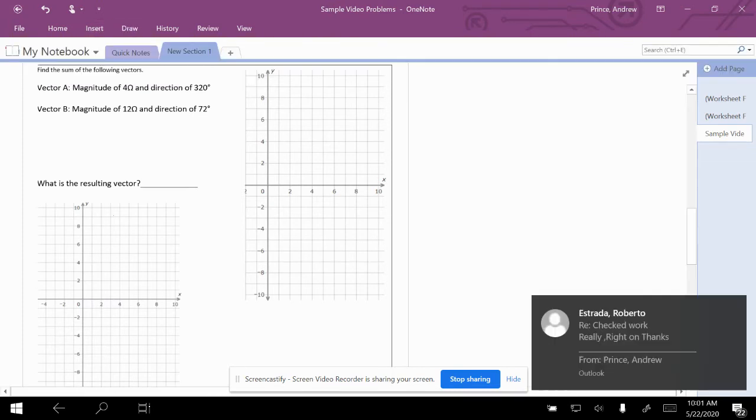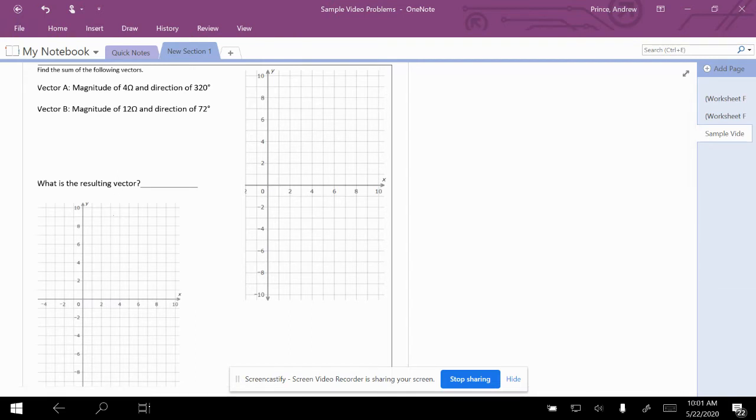If I take 320 and subtract 270, which is going to bring me 90, 90, 90, all the way down to here, I can see that I'm going to have a 50-degree angle.